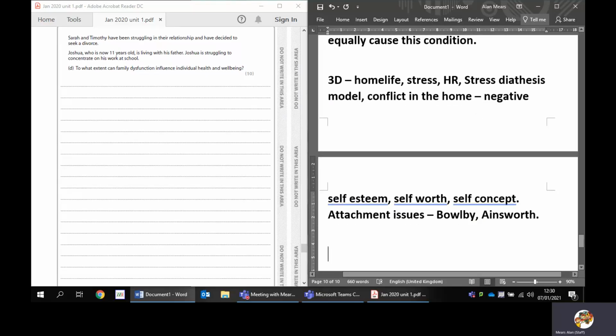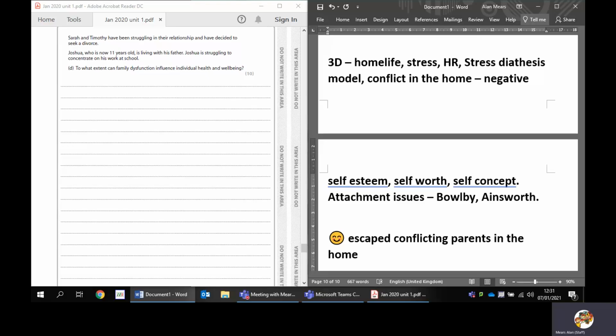It's a harder question, this one. I know, on the opposite side, that divorce can have positive impacts. So, escaping conflicting parents in the home. Because both parents are not living together, there's no more parental conflict.